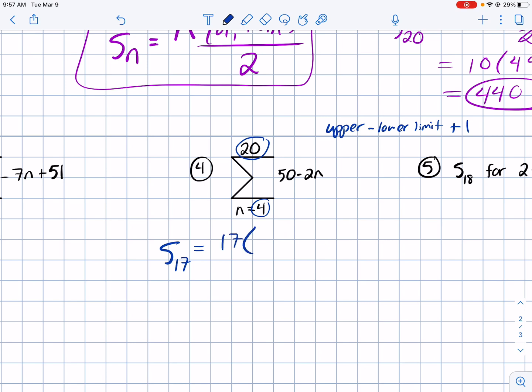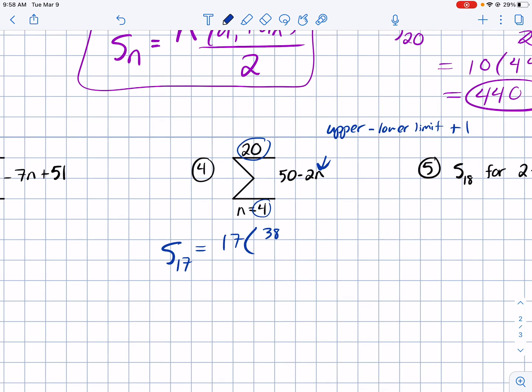17 times. The first term would come from plugging your lower limit in. So 5 minus our 8 gets us 38. Great. Plugging in our next term, our upper limit of 20, which would be 50 minus 80.